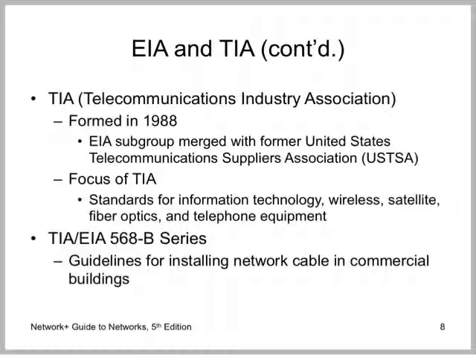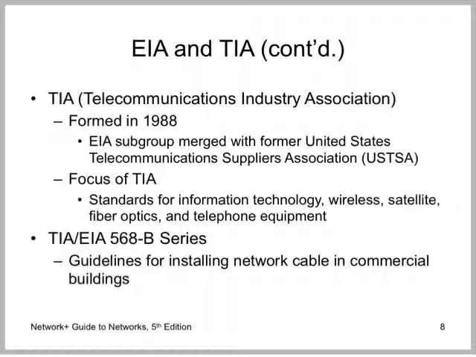The EIA and TIA. The TIA is the Telecommunications Industry Association, formed in '88. It was a subgroup merged with the former United States Telecommunications Supply Association. The focus of TIA is standards for information technology, wireless, satellite, fiber optic, and telephone equipment.